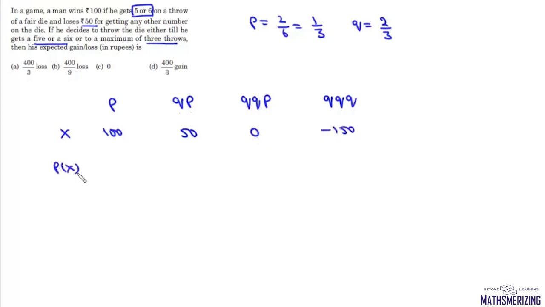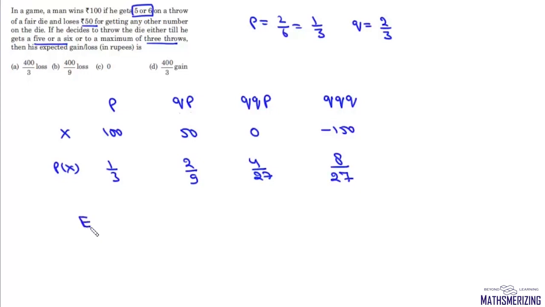And their respective probabilities, they are 1/3. Now this is 2/9. This is 4/27, and this is 8/27.